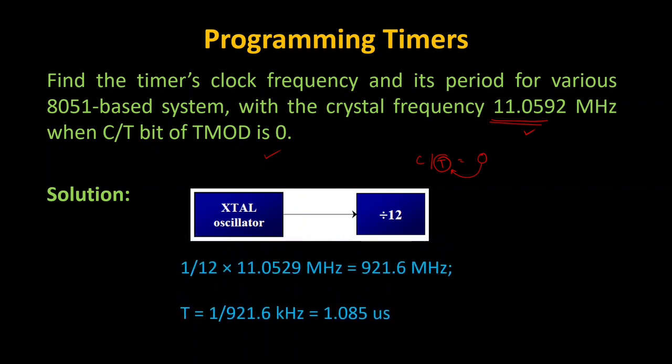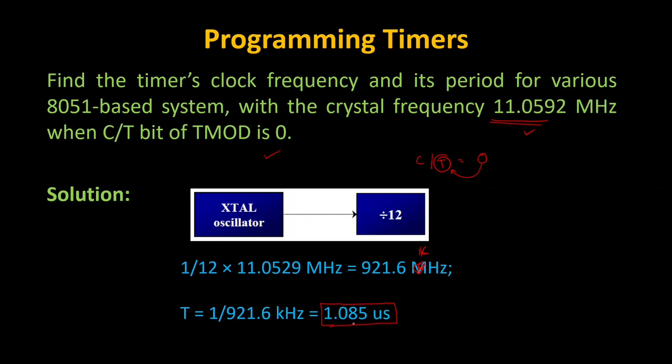If you divide it by 12, it is going to be 921.6 kilohertz, and your individual time period is going to be 1.085 microseconds, which means one complete cycle of your timer is 1.085 microseconds.